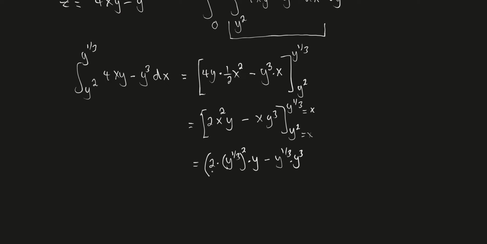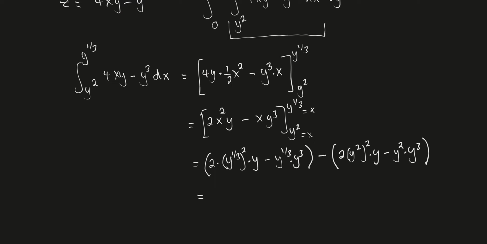So all of that is at the upper limit, and then at the lower limit, it's a little bit easier since we're not going to have that fractional exponent. We'll have minus, and then the quantity 2y squared squared times y, and then minus y squared times y cubed. All right, so lots of exponents to simplify now.